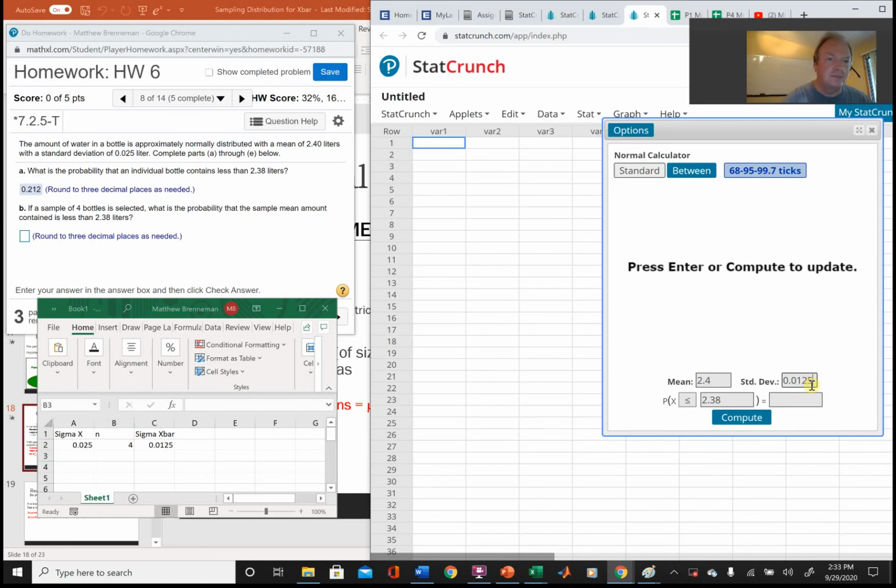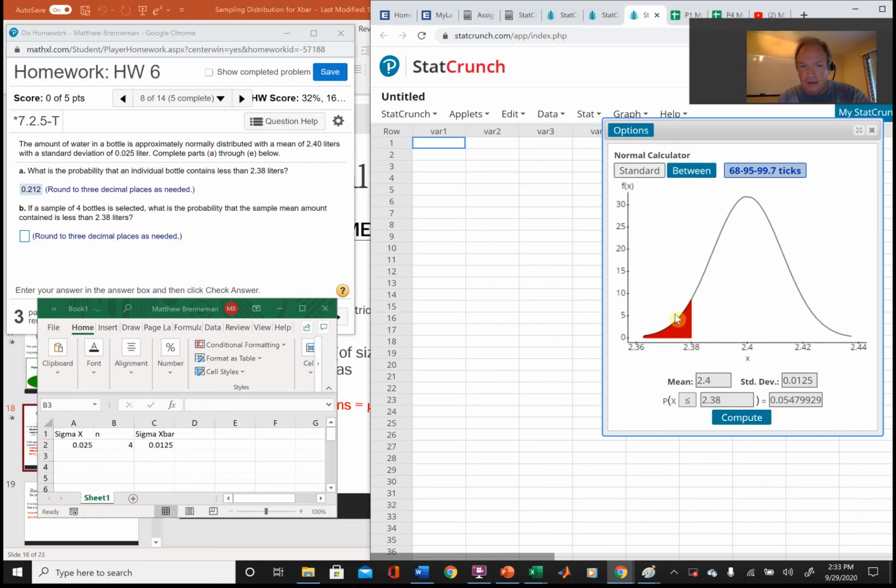That's all. And if I compute that same value, should the probability decrease or increase? Well, if you think about it, the curve is going to become thinner, right? So if you look at this, you can see that this area is going to decrease because the curve is coming in. There's more probability now between 2.38 and 2.4.